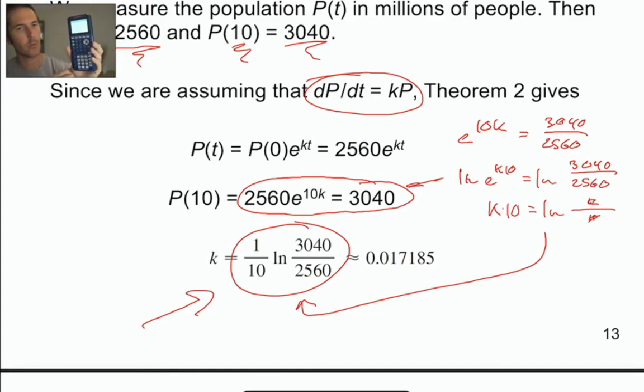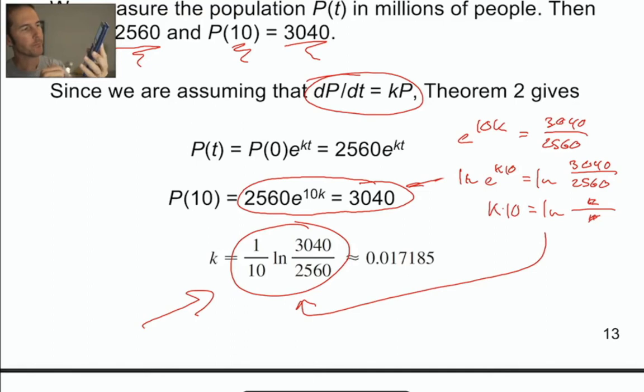And what I wanted to remind you that you can do is that here in the bottom left, just above the on button, there's a button that says STO with an arrow on it. If you hit that button, now on my screen up here, it says answer with a little arrow next to it.